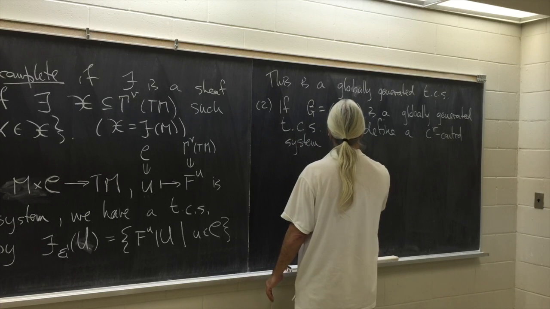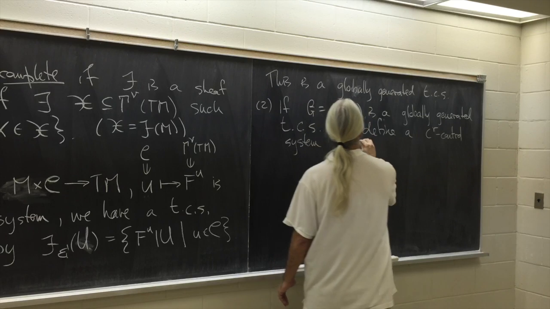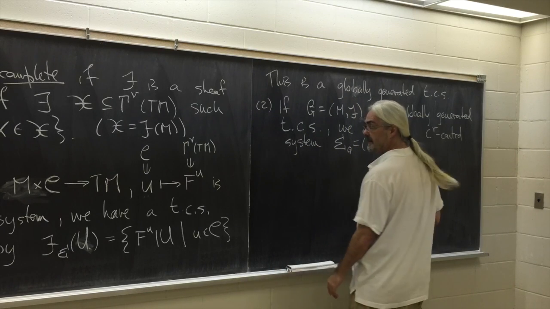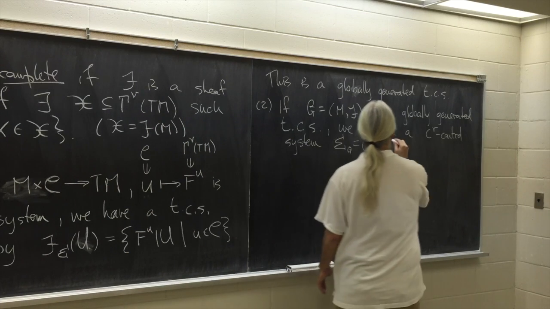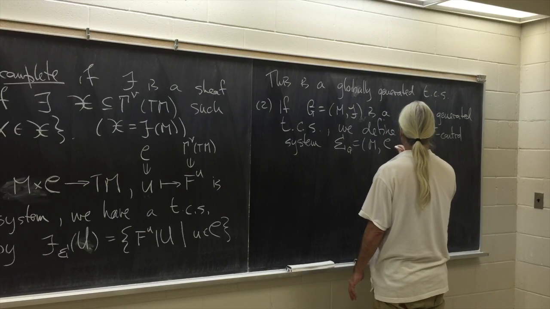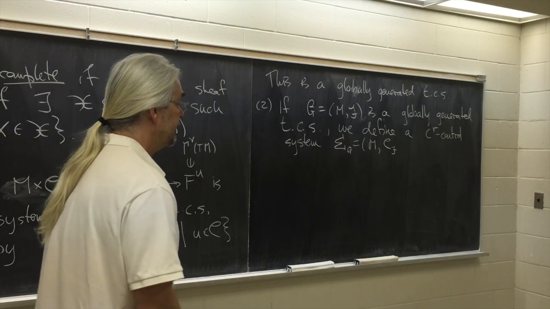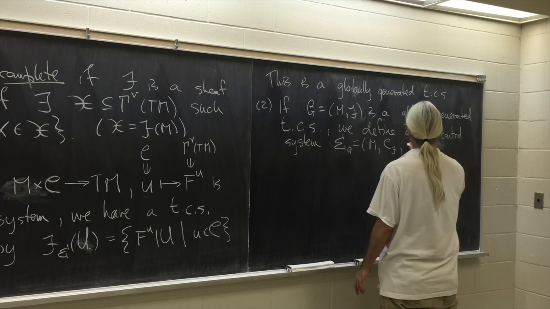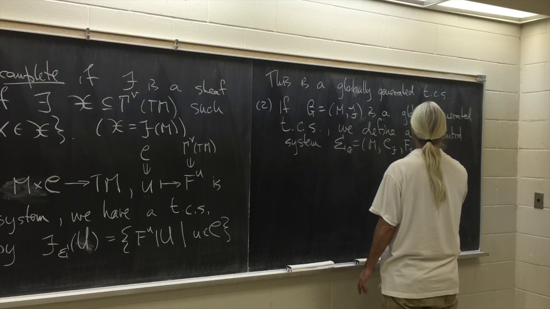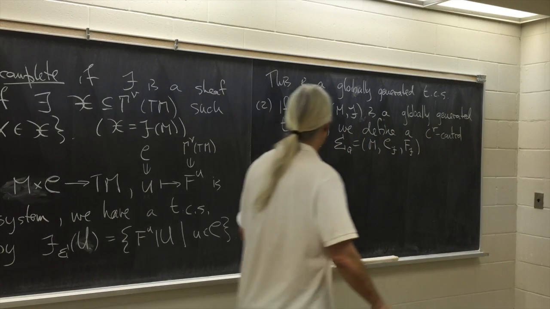I'm going to write this as sigma G, on M. Then I need a control set and an F. My control set is going to be written like that, because the control set is only going to depend on G, of course, and then I'm going to have a capital F. So how's this defined?